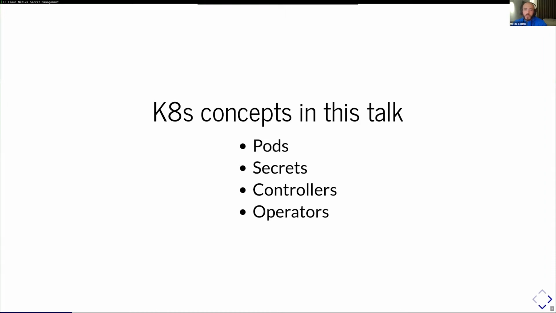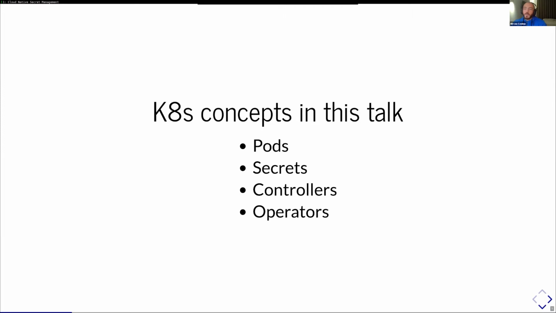As you probably know, pods are the smallest deployable units you can create and manage in Kubernetes, managing one or more containers, sharing storage and network resources. And the secrets are the basic abstraction used in Kubernetes for storing and managing sensitive information. We're also going to cover a bit controllers and operators, which is going to make the meaty part of this presentation.